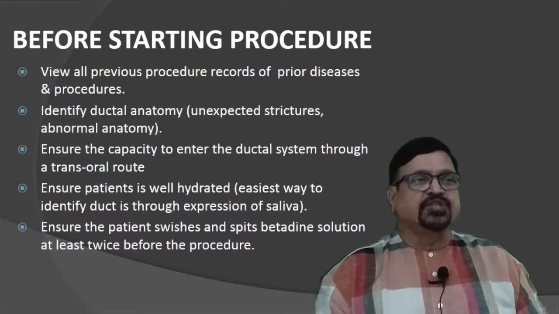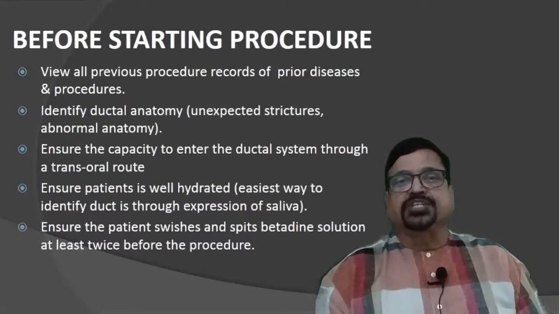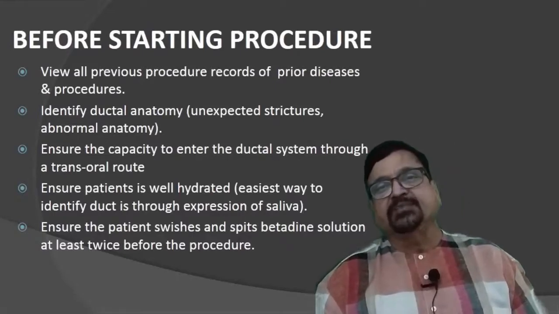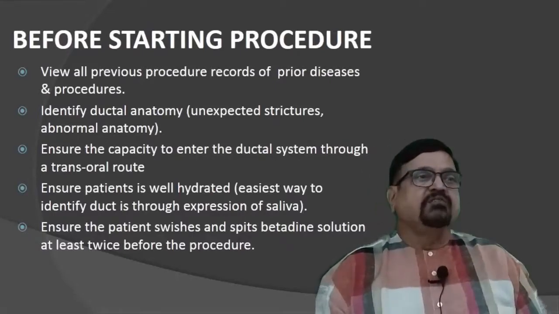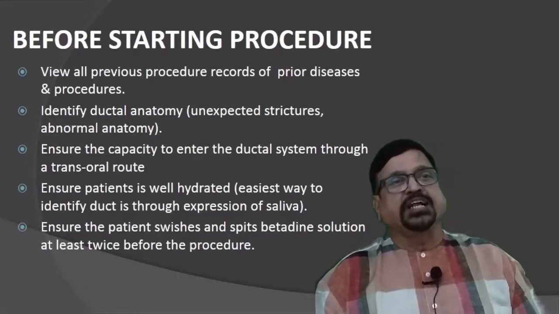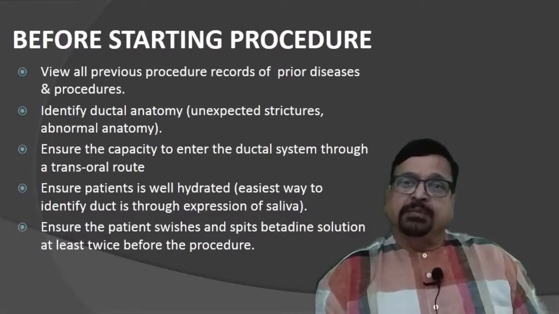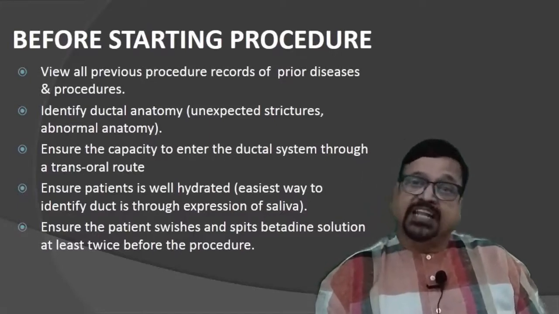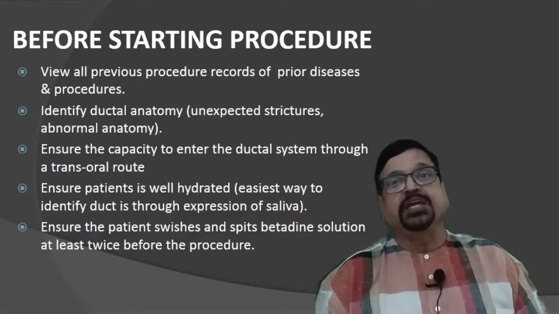Then before starting the procedure, now we are seeing the details of how the procedure is conducted. We have taken the consent, we have taken the patient. Now view all the previous procedure records, view all the procedure details before, know all the diseases the patient has got, know all the procedures, particularly of the salivary gland, if they were performed, we must know.